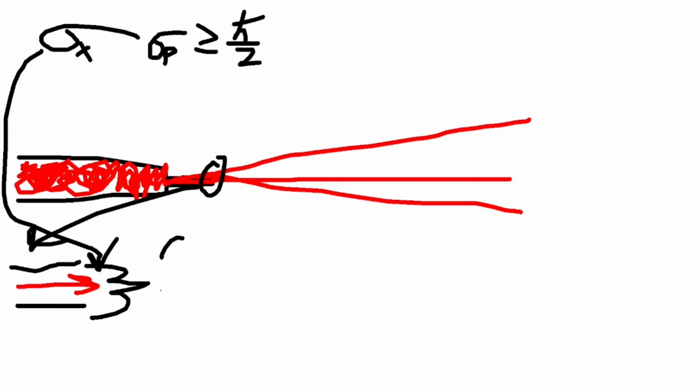Let's say that this distance is going to be approximately sigma x, or some small multiple of it. We don't need to worry about the specifics to highlight things here. So when we have a laser that works like this, we're compressing the exit pupil of the laser to some diameter, and then the sigma x of the light, at least perpendicular to this, is going to be proportional to that diameter. So as soon as we do this, this is going to have an effect on the momentum of light in this dimension.